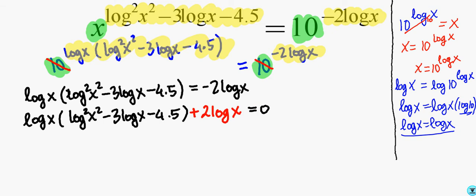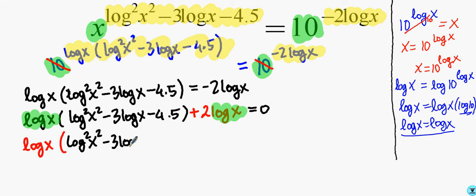Now if I look at my problem, I have log x here and I have log x here. So I could factor that out. So I could say log x times, now what's inside is still log x squared minus 3 log x minus 4.5 plus 2 equals 0.